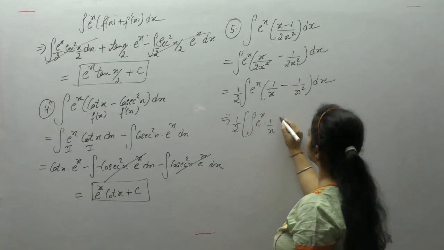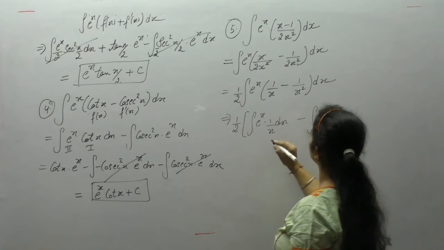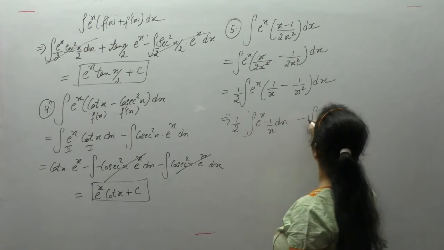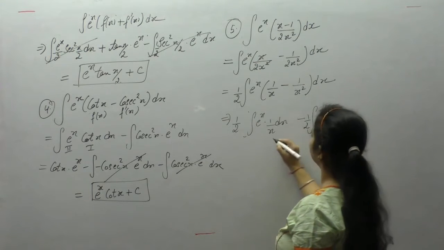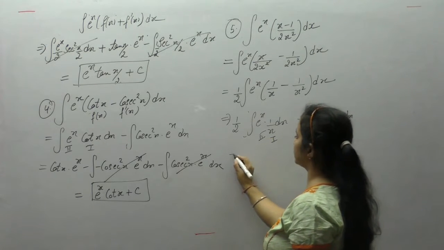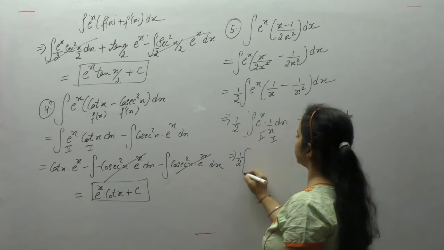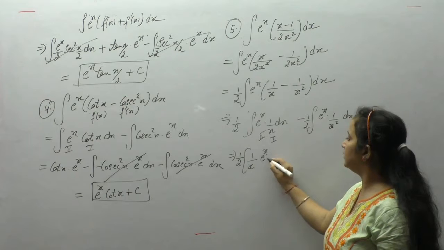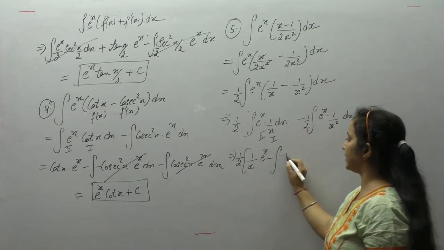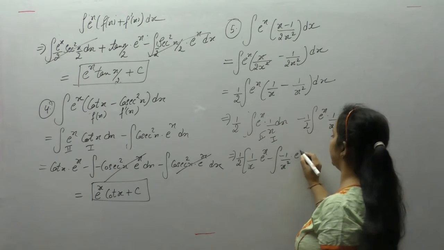Integral of e^x into 1 by x minus 1 by 2 e^x into 1 by x square. First and second, apply this rule. First term as it is, integral of e^x, derivative of 1 upon x, integral of e^x.